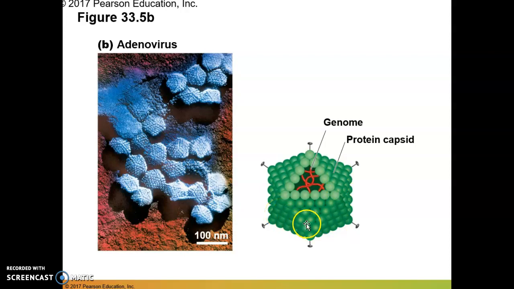In this depiction, we have one type here in green, and then this little spike is another protein. We also have a genome that is similar to our chromosomes, and their genome can be made up of RNA or DNA. That is unlike living things, where the chromosomes are always made up of DNA.